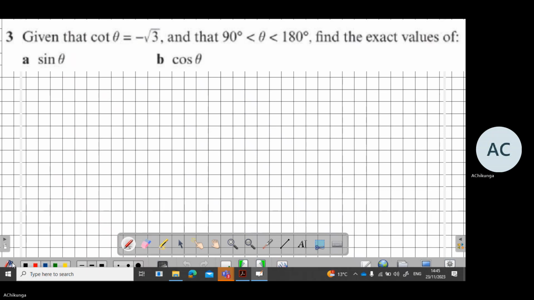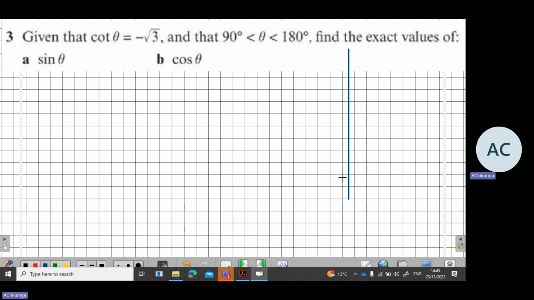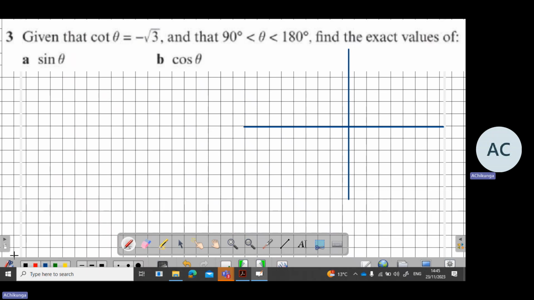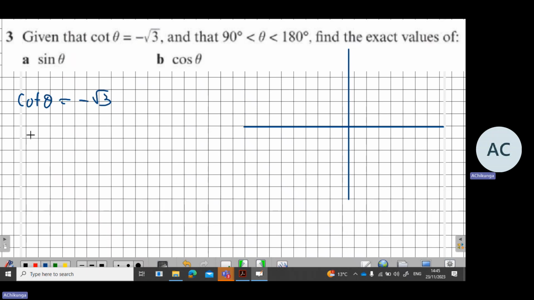Again, cot theta is minus root of 3. I want us to draw this. Cot theta is minus root of 3 can be converted to 1 over tan theta, which is minus root of 3. If I do my mathematics right here, I'm pretty sure I've got it right.